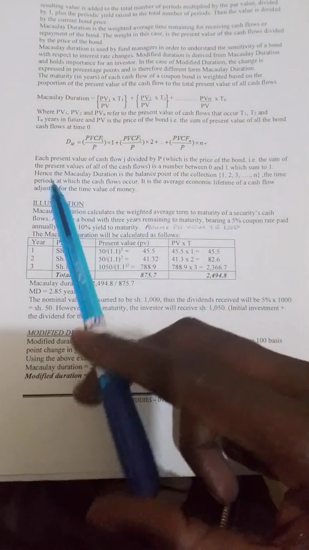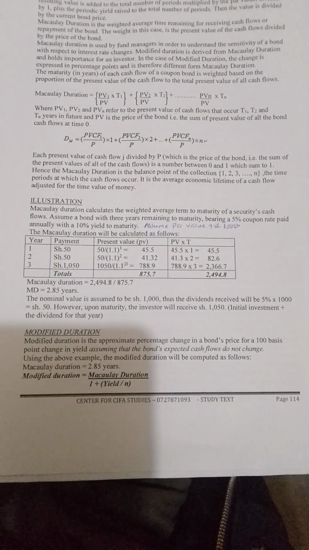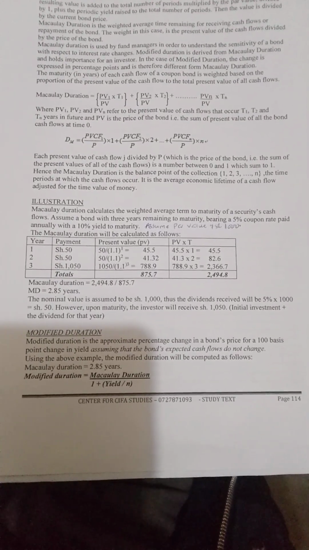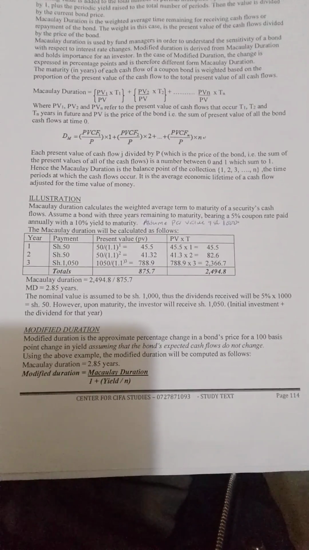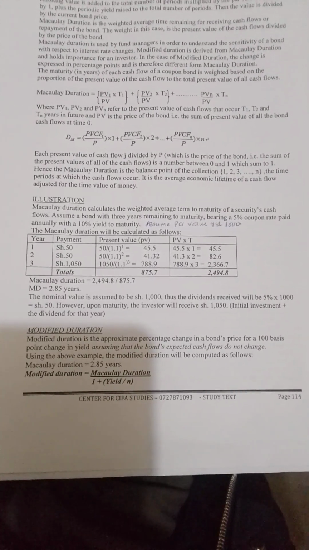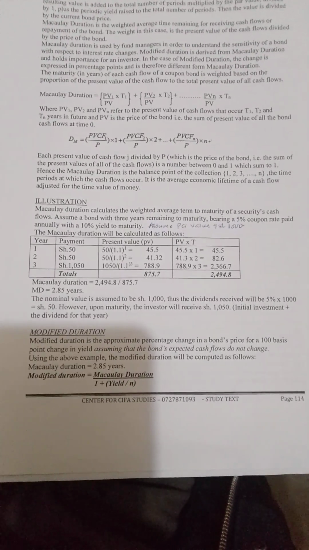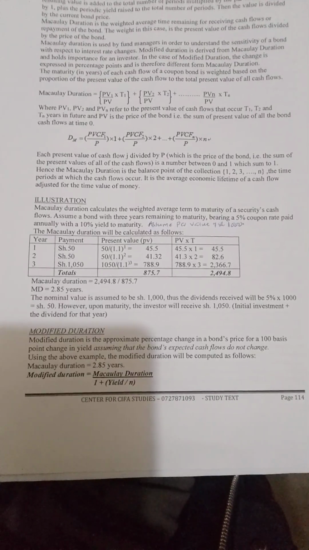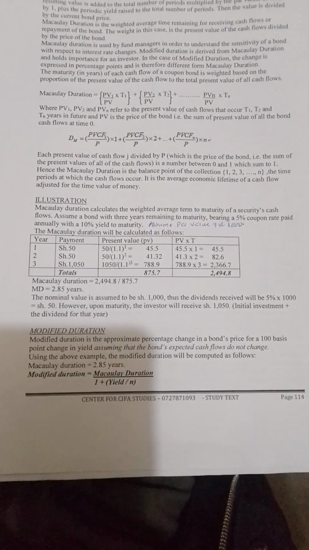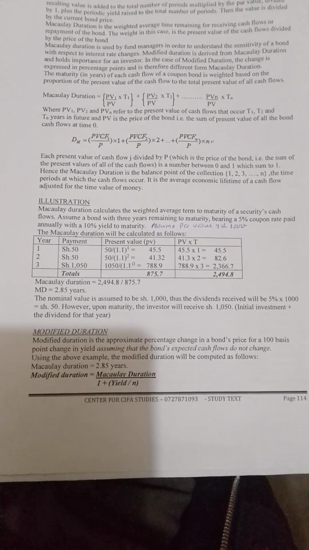You can see some explanations here where you are told that Macaulay duration calculates the weighted average term to maturity of a security's cash flows. That's the meaning of Macaulay duration. That is, it calculates the weighted average term to maturity, that is called YTM, of a security's cash flows.